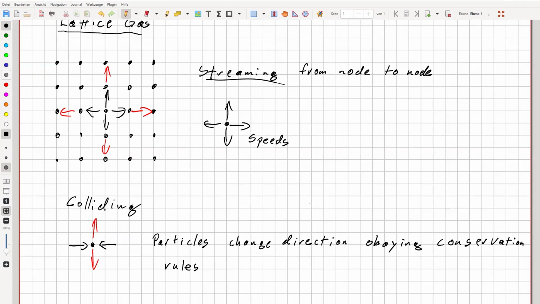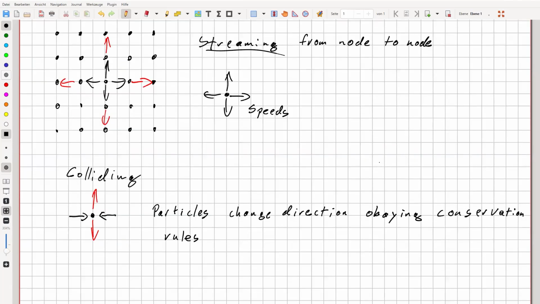So conservation rules means there are some possibilities that cannot be changed. For example, say you have only one particle arriving on this node, yeah, then it has to go out the same way, otherwise it would not conserve momentum.